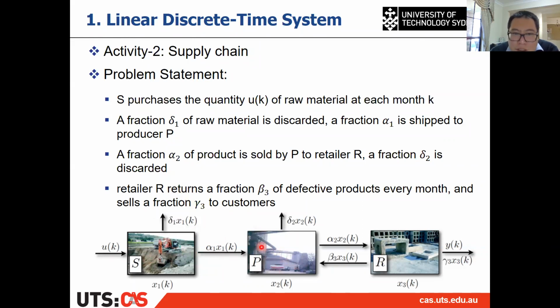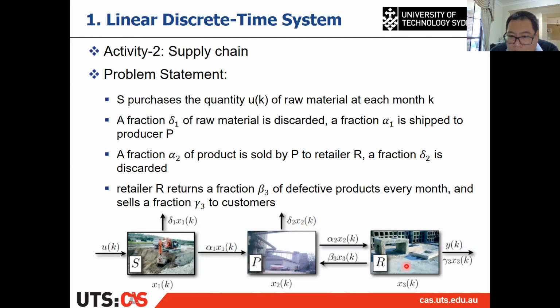And for the producer P, a fraction alpha 2 of the product is sold from P to R, right? And a fraction delta 2 is discarded, right?